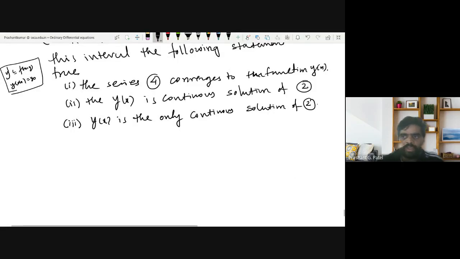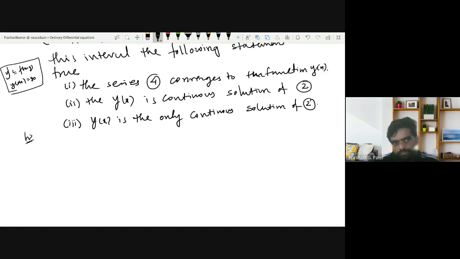So as per our hypothesis, we have assumed that f and del f by del y are continuous functions on the rectangle. We need to find out how to produce this h.